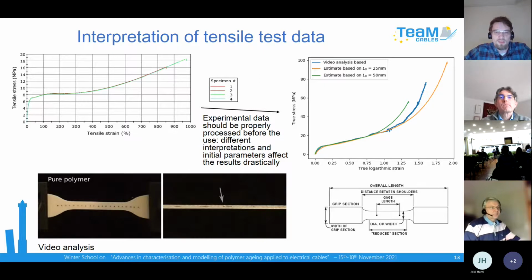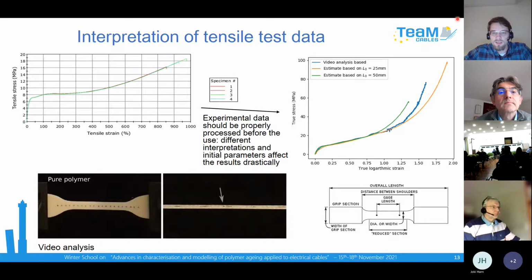But it's important to properly process the experimental data before we use it in our simulations. Different interpretations of this data and initial parameters which we assume can affect the results drastically.